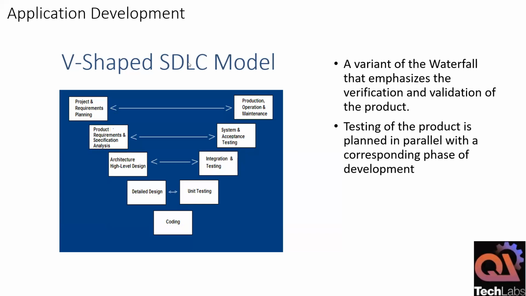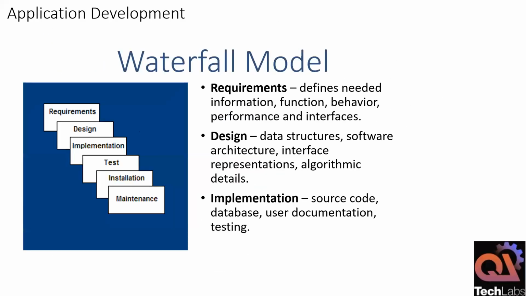In V-shaped model, what will happen is when the requirements are getting ready, they will be thinking how to maintain, how to plan the production. In this case, they'll be thinking about how to certify, system acceptance testing, how to certify. They will not do all those activities till the implementation is complete. Only after this is done, they will do these steps, one after the other, sequential.